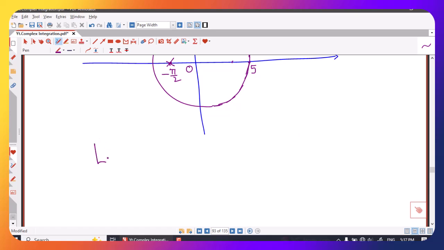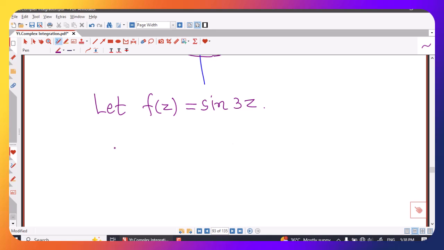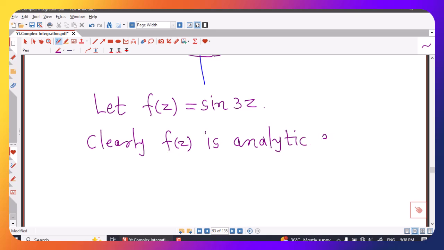So we should write systematically. Let f of z equal to sine 3z, and clearly f of z is analytic everywhere.